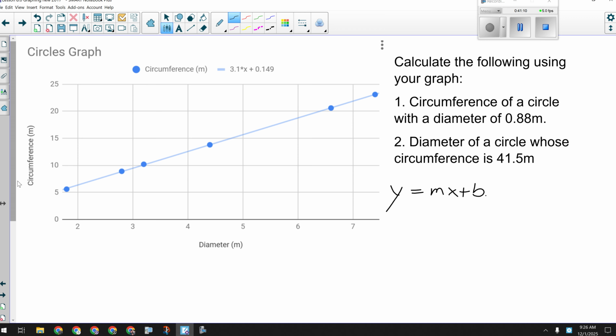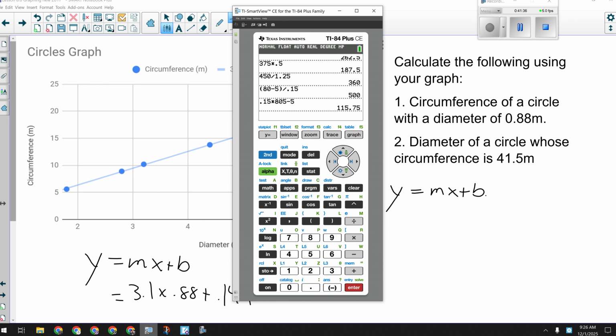So for question number one, I don't have to do anything except plug my numbers in. If I go 3.1 times 0.88 plus 0.149, I should get the circumference of that circle.